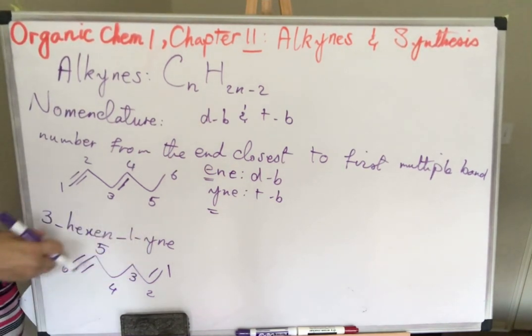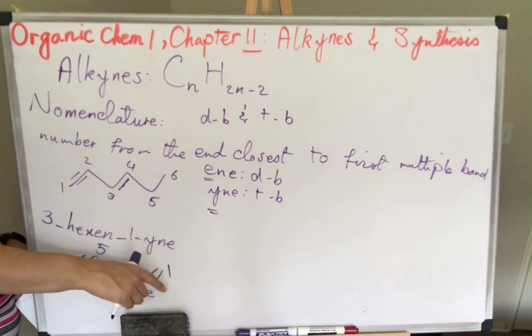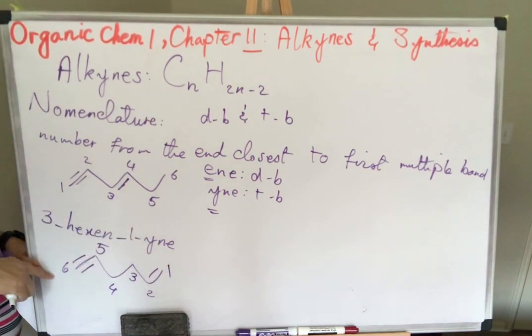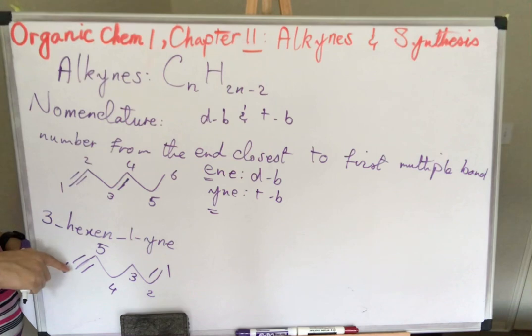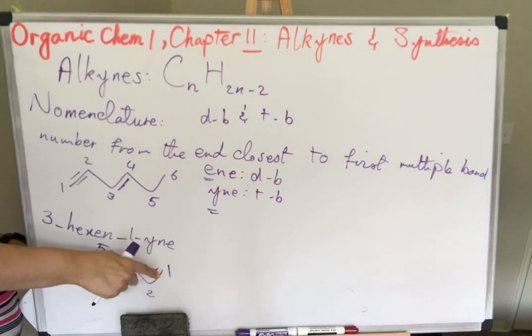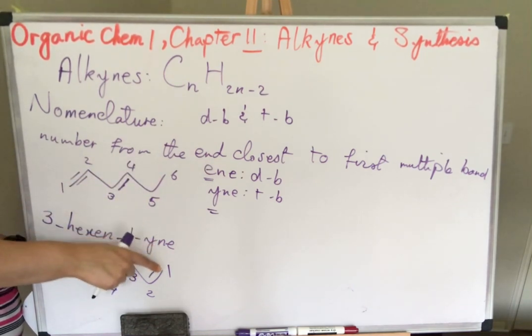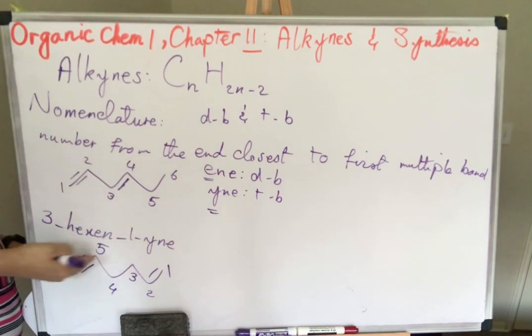You have a tie, right? Either way, if you start from right, the double bond falls on the first carbon. If you start from left, the triple bond falls on the first carbon. So because the ene for double bond is alphabetically prior, you start from right to left.